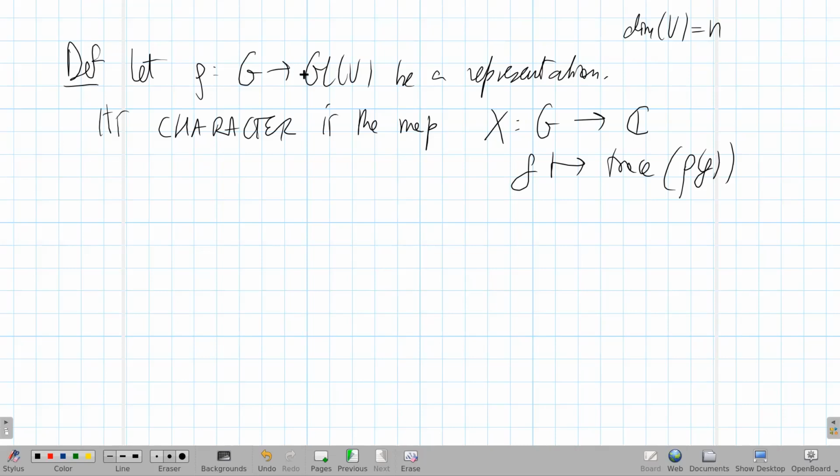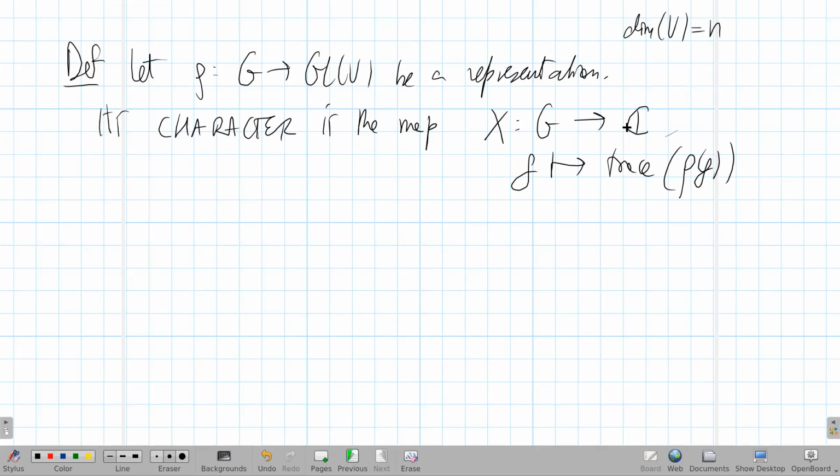So to give a representation means to give n squared maps from G to the complex numbers. But what we will see is that knowing a character, you know perfectly well the representation. So the character uniquely determines the representation, and you're saving a lot of effort, because just one map from G to the complex numbers encodes all the information in the n squared maps.